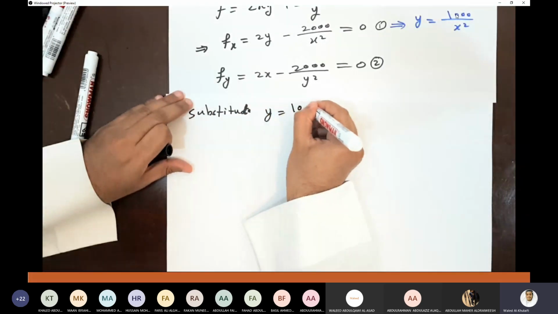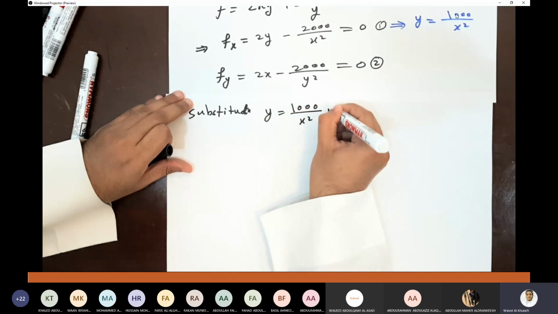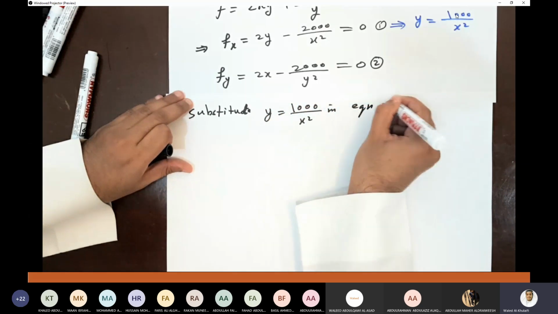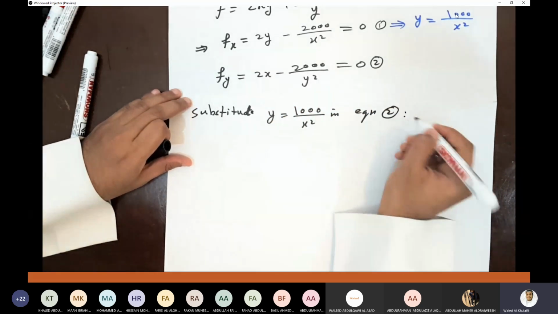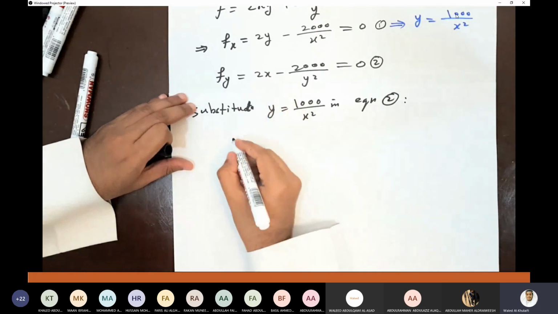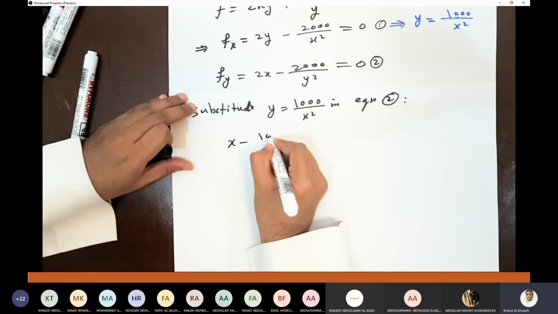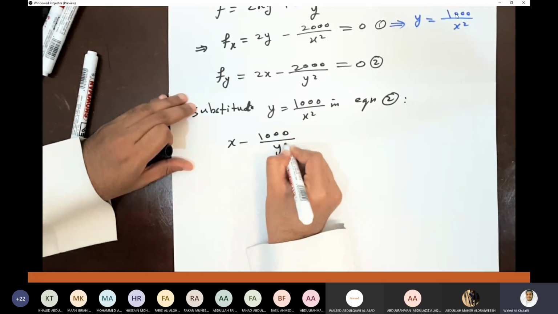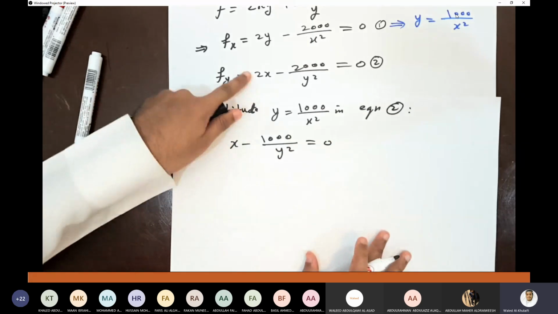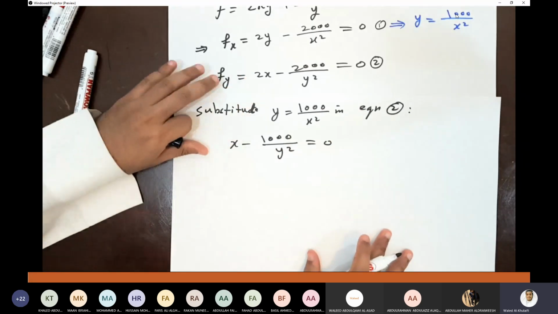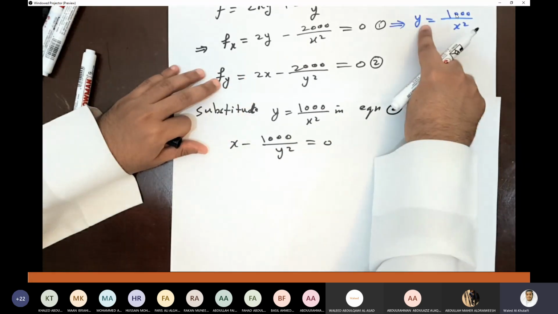Substitute y equals 1000 over x squared in equation 2. Equation 2 you can write as x minus 1000 over y squared equal to 0. You can divide by 2 here, right? Now let's plug this guy here.